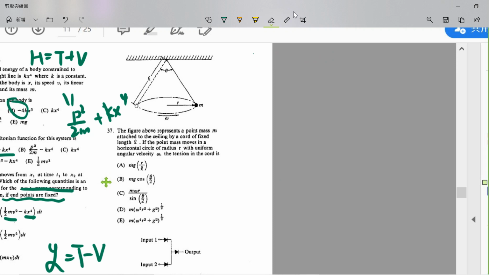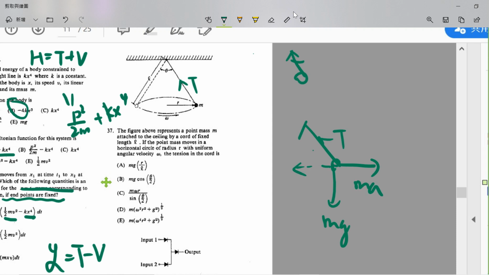Okay, 36. Basically, you have the figure above and it asks about tension. So this is tension T, and then you have mg and ma. Basically, the ma is what? The ma is the rotational acceleration. So basically, ma is omega squared r.